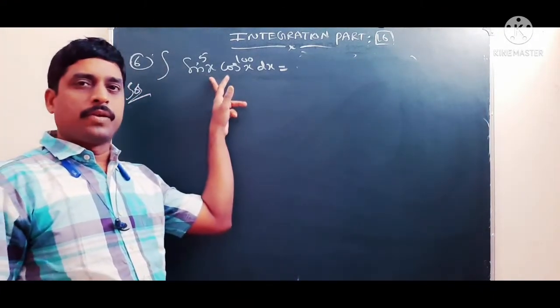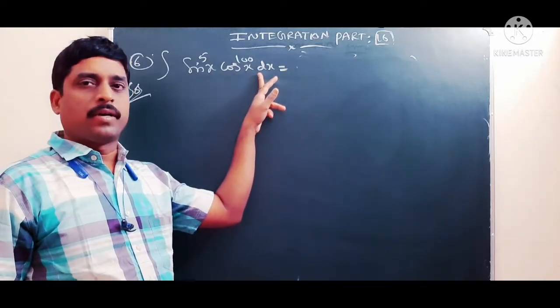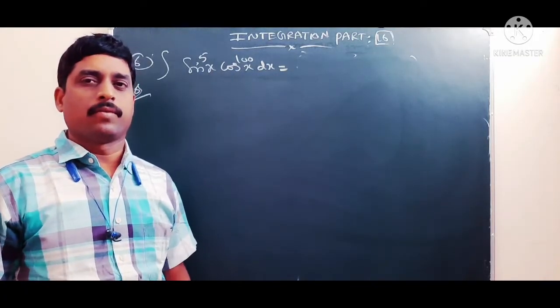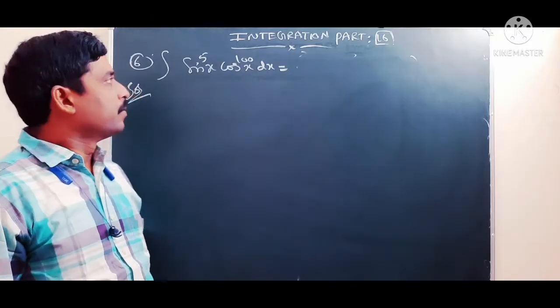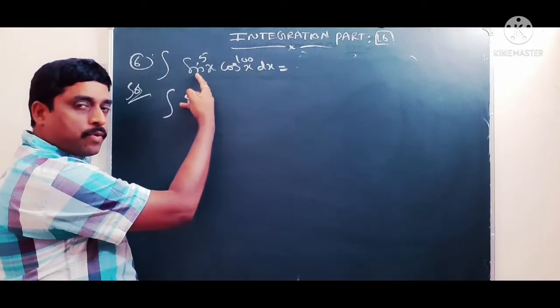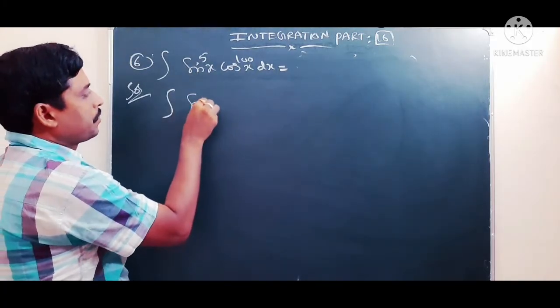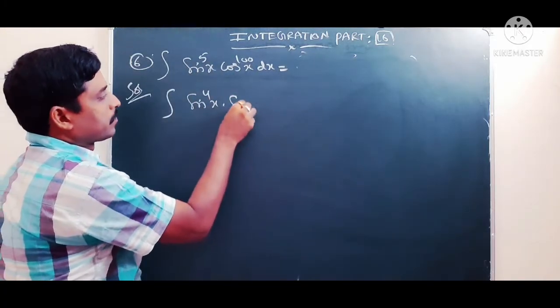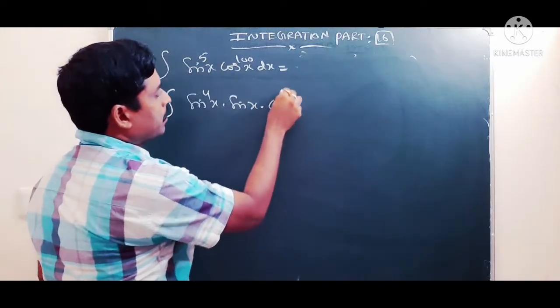Integral sin to the power 5x cos power 100x dx. How can we solve this problem? Integral sin to the power 5x can be written as sin to the power 4x into sin x into cos power 100x dx.